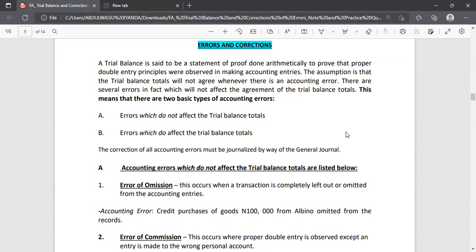So if the trial balance does not agree, meaning that we are having a difference, then we are going to open a temporary account.